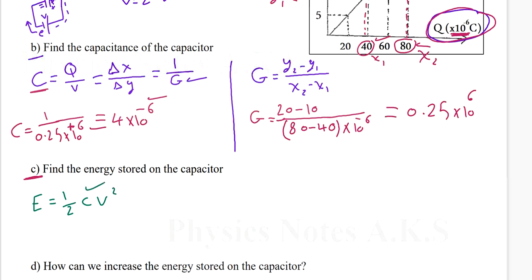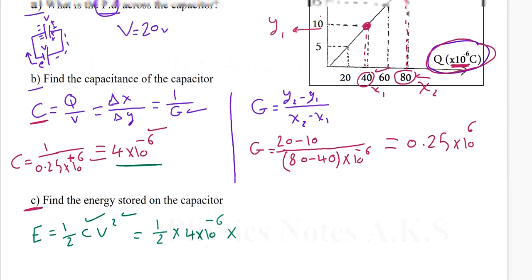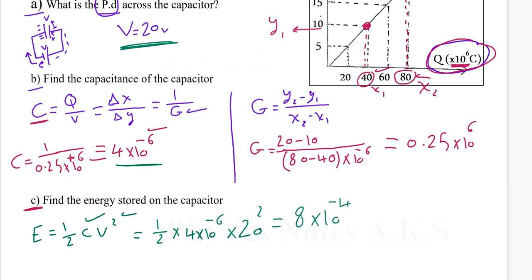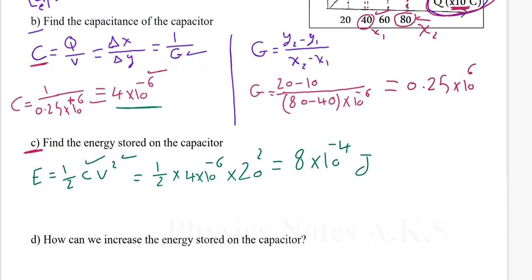We have the C and we have the V, so it equals half times C, which we found right here: 4 times 10 to the power negative 6, multiplied by V squared. We found the V right here, it is 20 squared, and this will give me 8 times 10 to the power negative 4 joules. The unit of energy is joules.